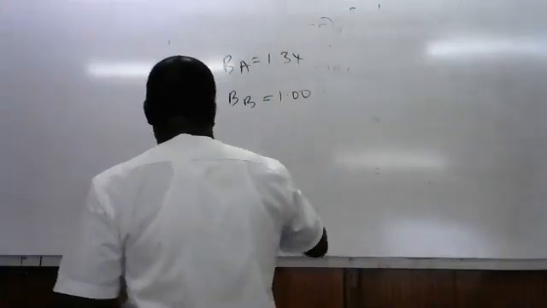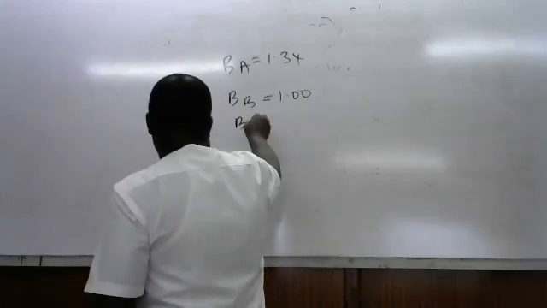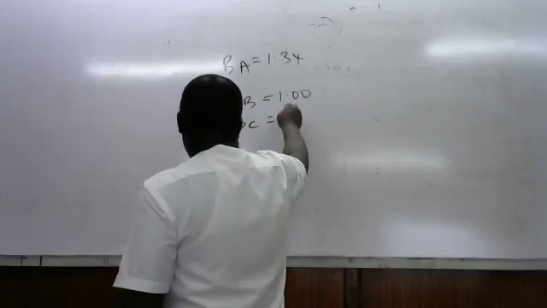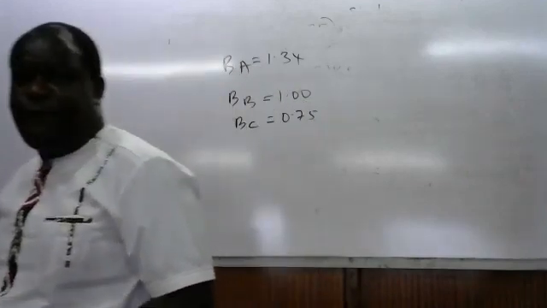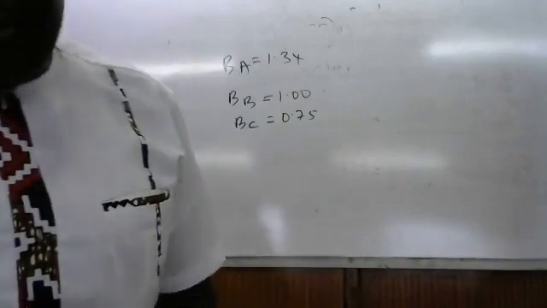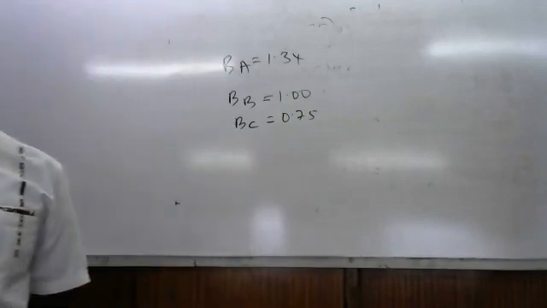So we now also make the interpretation for the beta factor for C. So C is given as 0.75. The beta factor for C, they were able to give you 0.75.